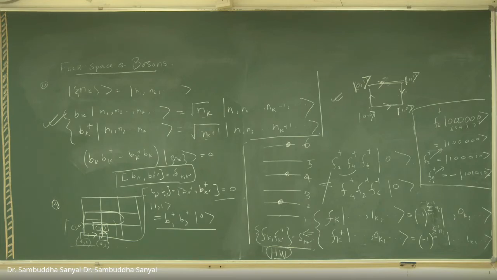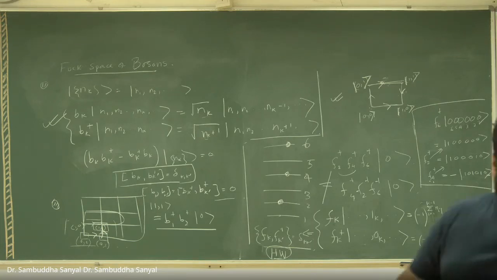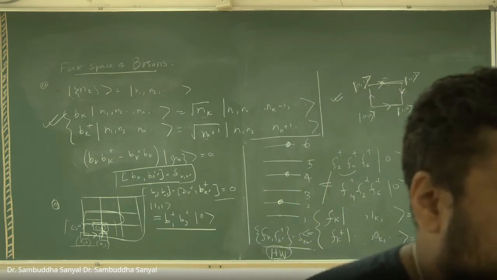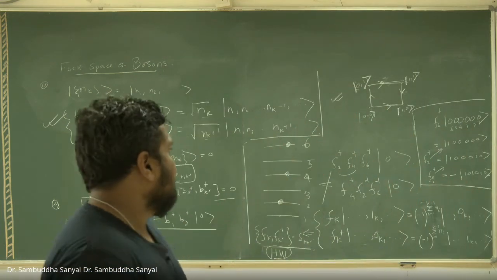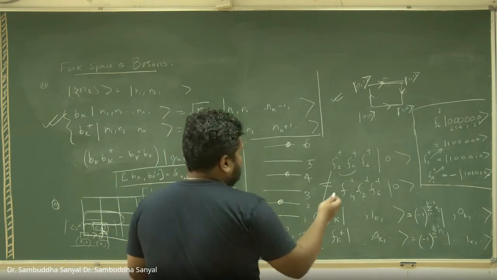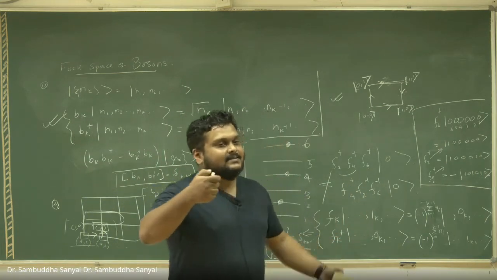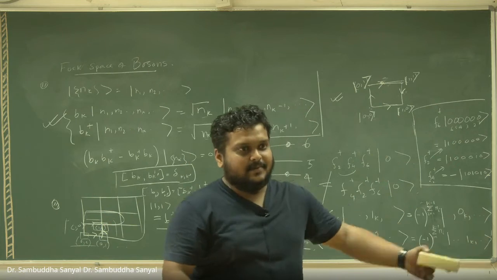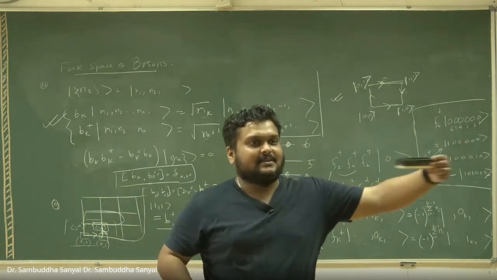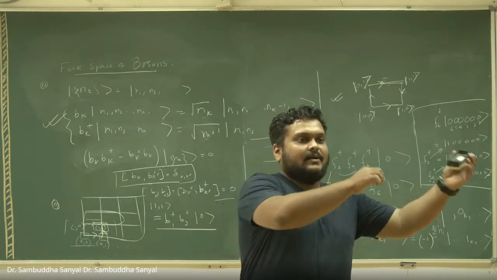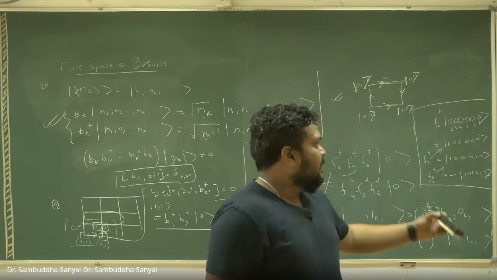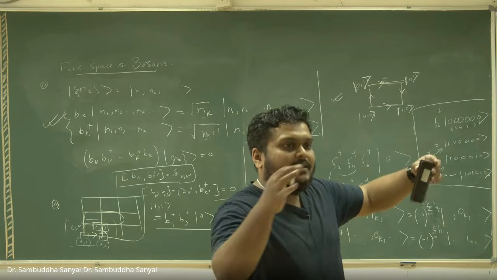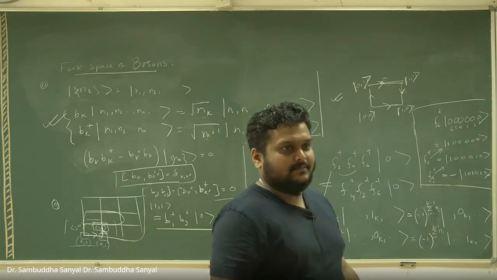This is something I wanted to say last class. Now we have completed everything I wanted to say about bosonic and fermionic Fock space creation. We have a prescription that starting from the vacuum, just like the harmonic oscillator problem where we move in one direction, going from 0 to 1, 1 to 2, 2 to 3 and coming back by acting one operator, here you can collect all the possible points in the corresponding Fock space.